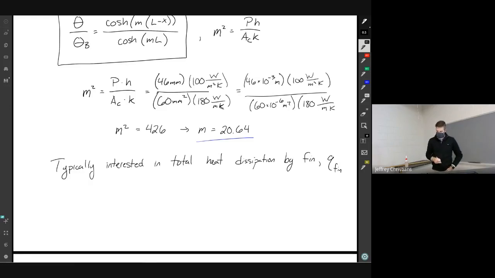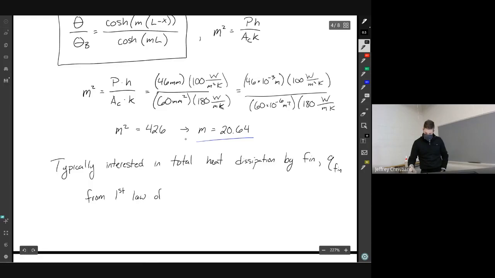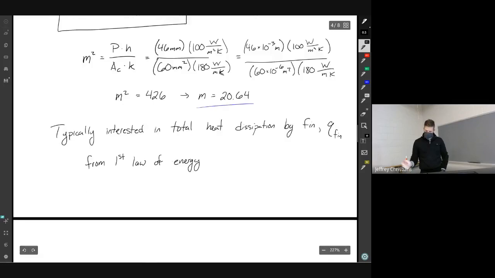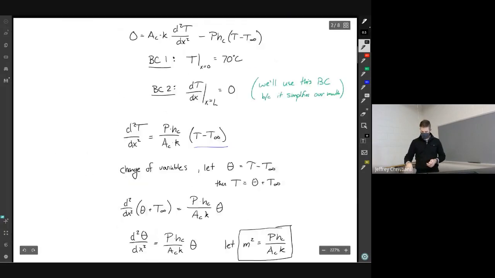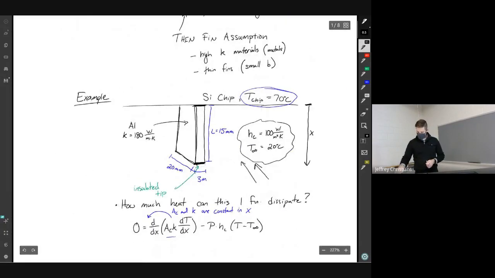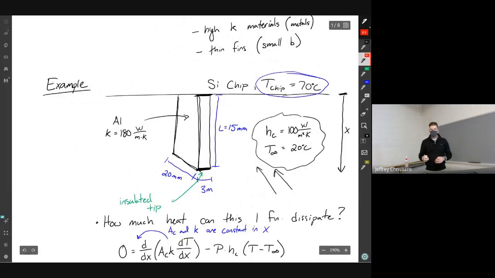So from the first law of energy, we can actually say something kind of interesting. So we go back up to our picture as I explain this. We want to look at the total heat that's being dissipated everywhere in the fin. That's not super straightforward to actually look at.